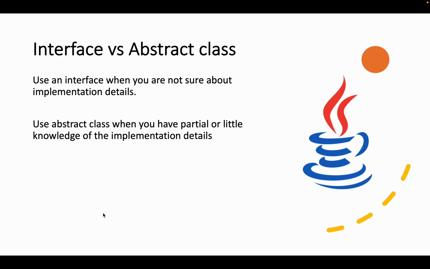Another difference is that interfaces can be implemented by classes. So a class can implement an interface, but a class cannot implement an abstract class. It must extend that abstract class.